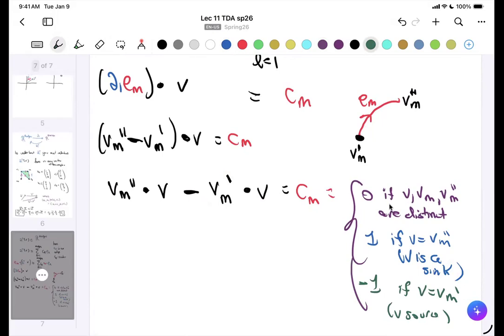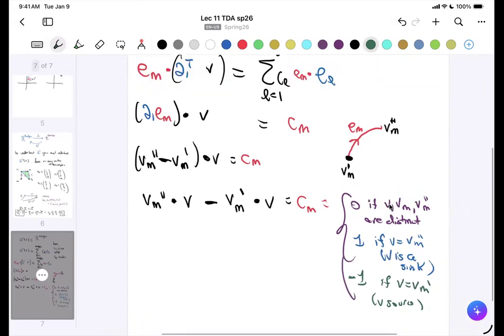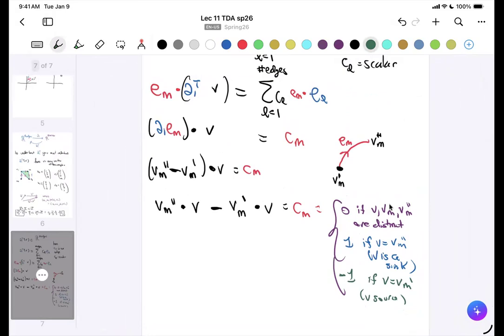I'm almost done. I do want to write down the formula. What I'm saying is that when you apply the transpose to a particular vertex, it gives you a combination of edges, but each coefficient in this linear combination is either 0, 1, or -1.